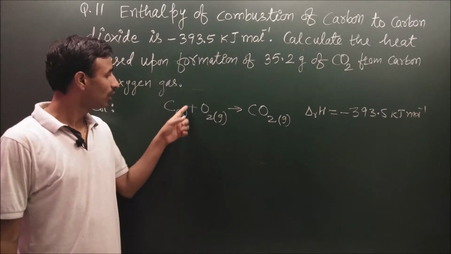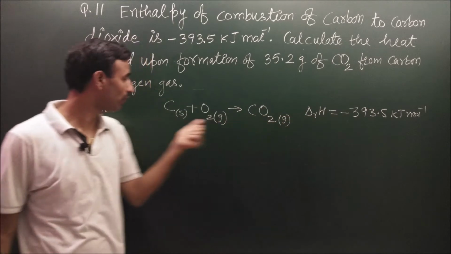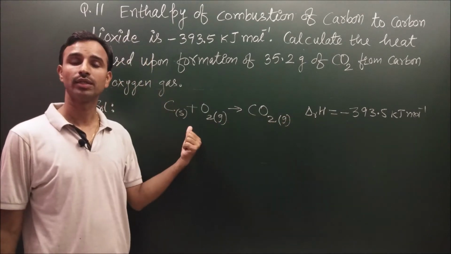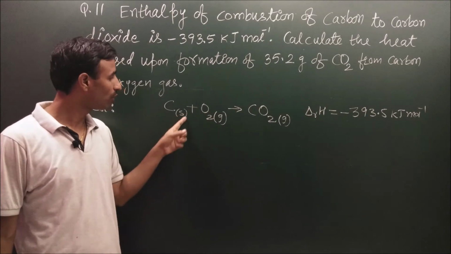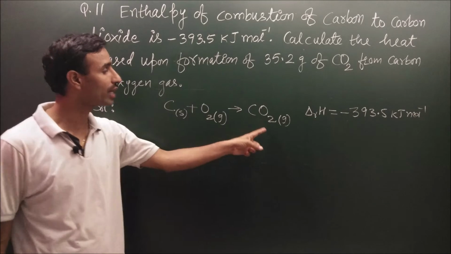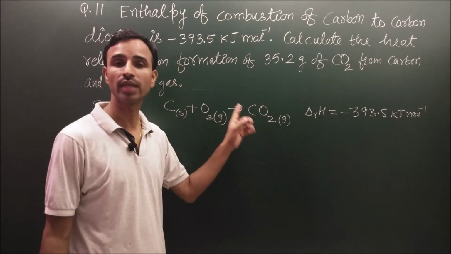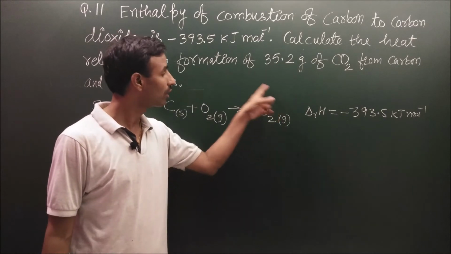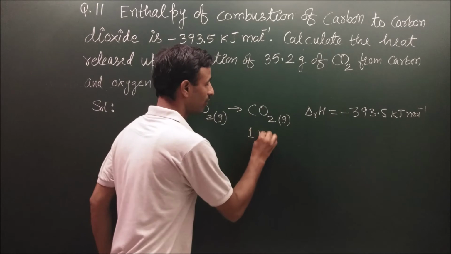That means amount of enthalpy or energy released when 1 mole of carbon is burnt in excess of oxygen. So you know, 1 mole of carbon when burns in excess of oxygen, it gives 1 mole of CO2. So at the same time, it is enthalpy of formation of carbon dioxide.